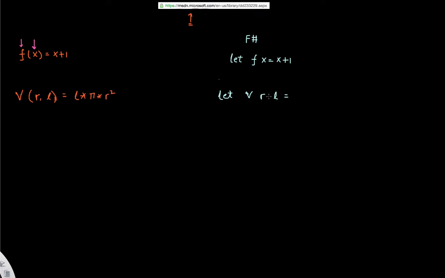To understand what's happening here, this v is the name of my function. In my previous example, f was the name of the function that took in one parameter x. What I have now is v as the name of the function that takes in two parameters, and these two parameters are the radius and the length.